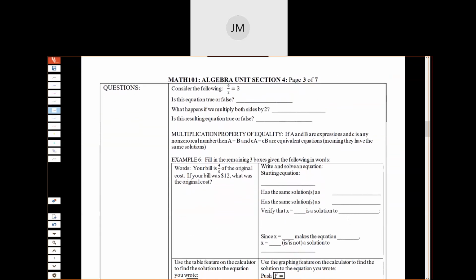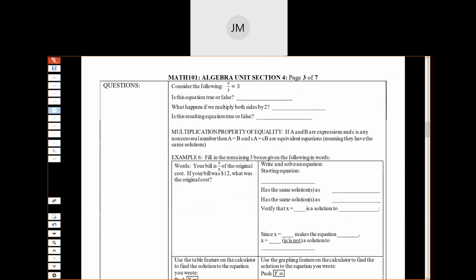Okay, let's look at another one. Consider the following. 6 halves equals 3. Is this equation true or false? I think that this equation is true. If we multiply both sides by 2, on the left I would have 6 halves times 2.